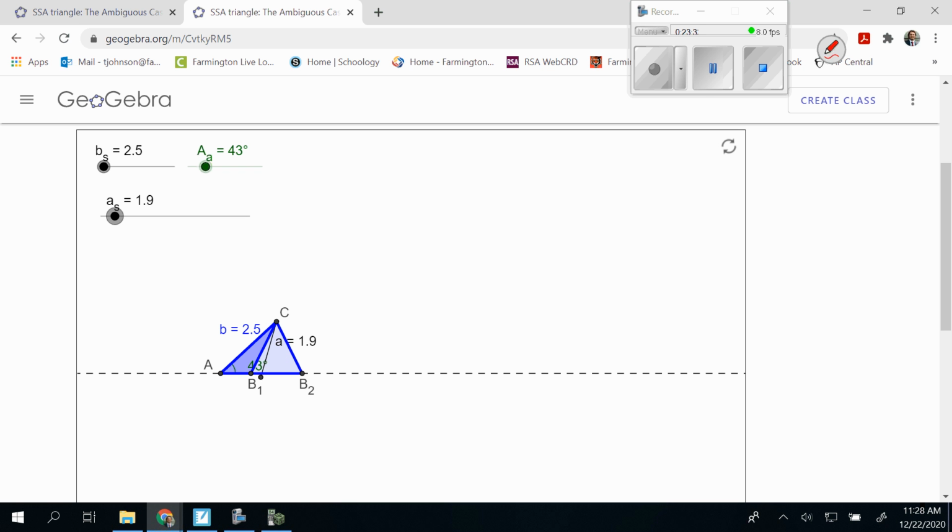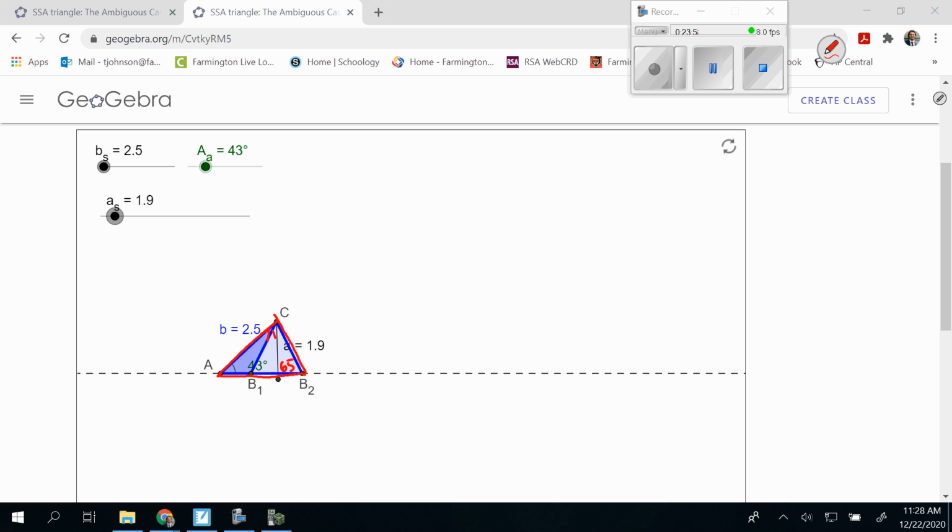The one case we had where angle B wasn't so big was this one. That was the first one we did, where angle B came out to be about 65 degrees here, and then angle C up top came out to be about 71.